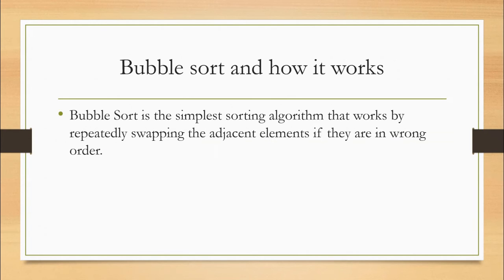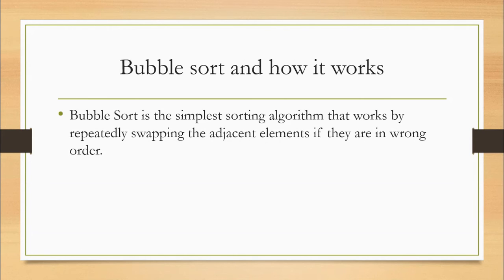Bubble sort and how it works. Bubble sort is the simplest sorting algorithm that works by repeatedly swapping adjacent elements if they are in the wrong order. How it works: compare adjacent elements, and if the first is greater than the second, swap them.